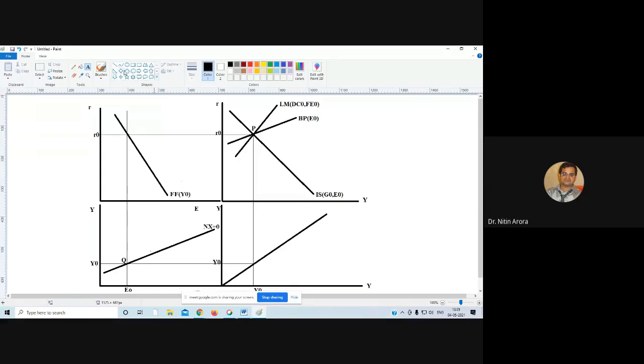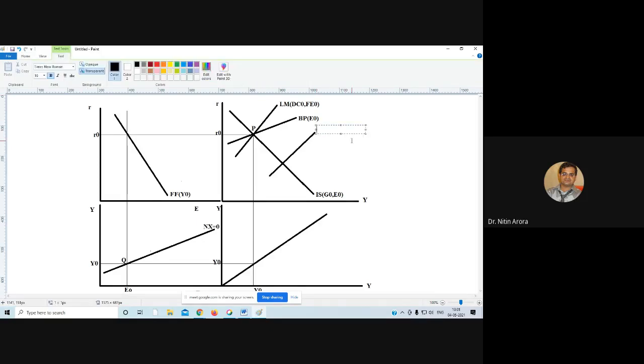Means the central bank is operating through credit channel, and it enhances domestic credits, and due to which this LM curve shifts to LM with DC1 and FE0.